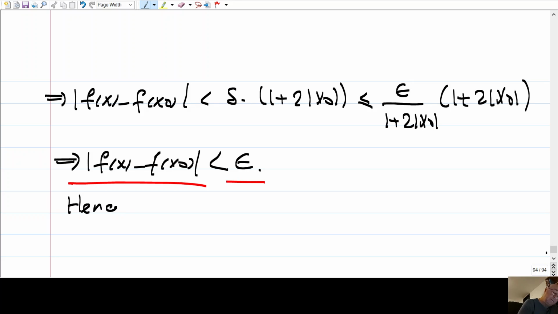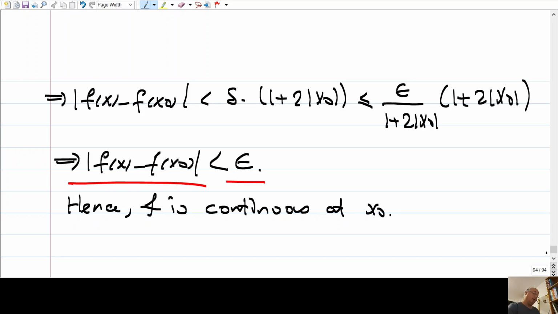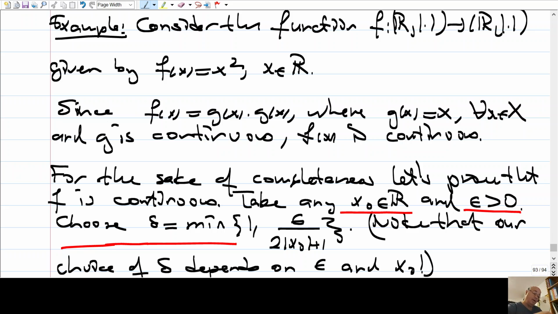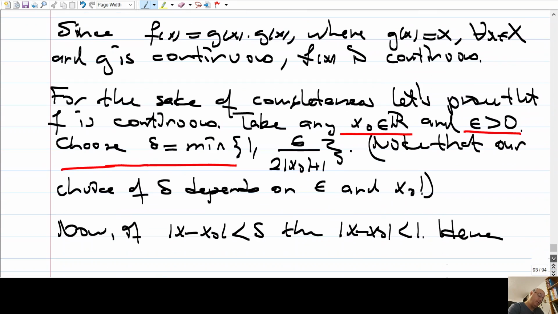Hence, f is continuous at x0. So we are done, right? But let me mention one more time that my choice of delta depends on both epsilon and x0.